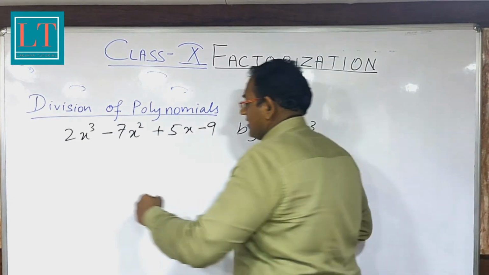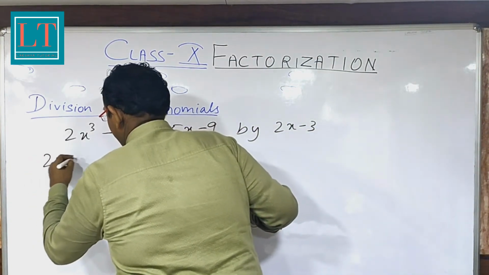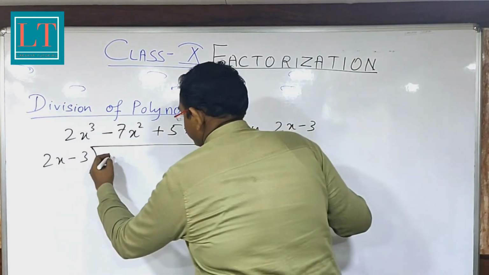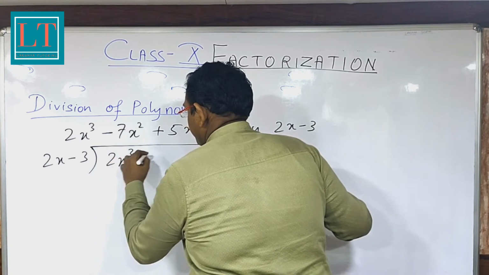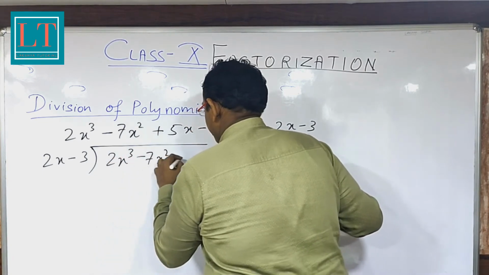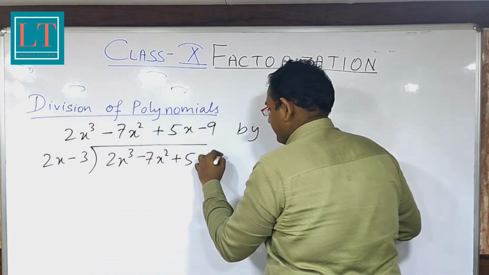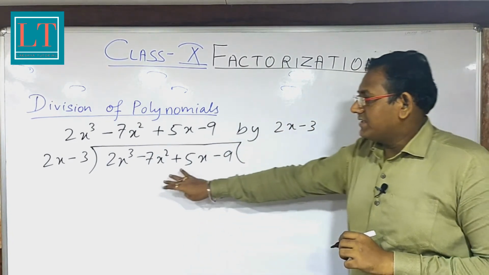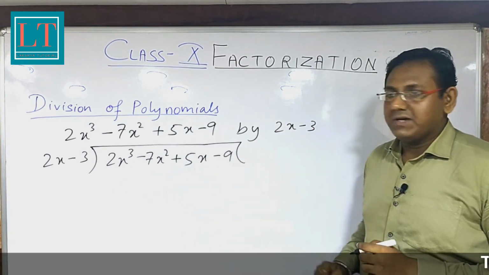So let us write this as 2x minus 3, which divides this entire expression, that is 2x cubed minus 7x squared plus 5x minus 9. So we are basically dividing this entire expression by 2x minus 3.